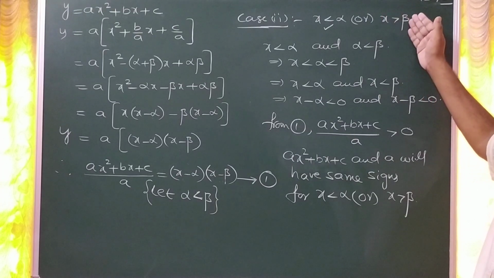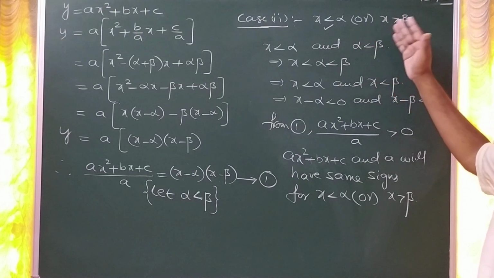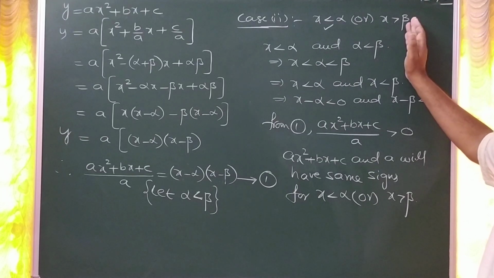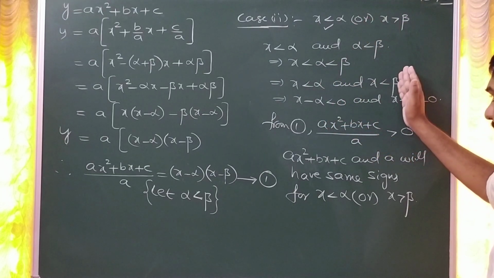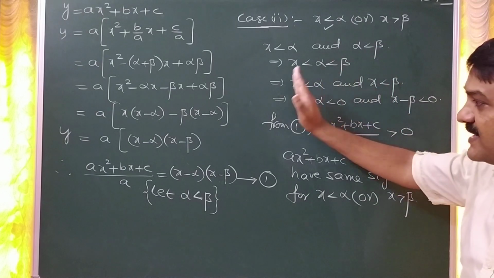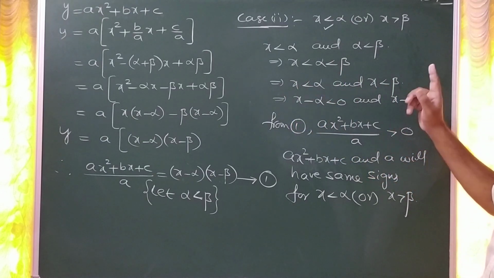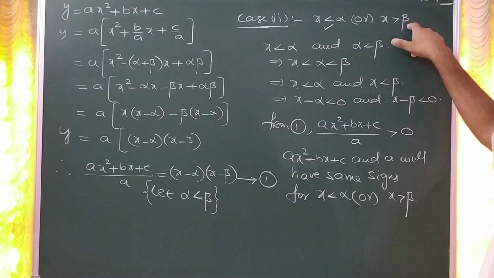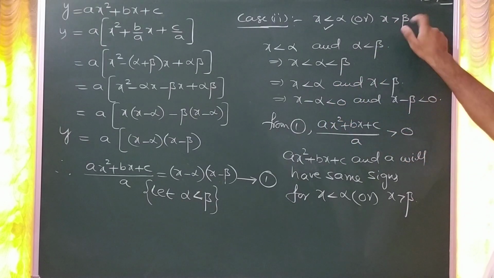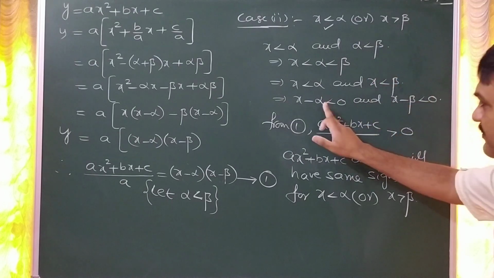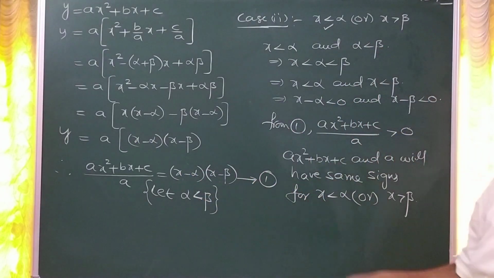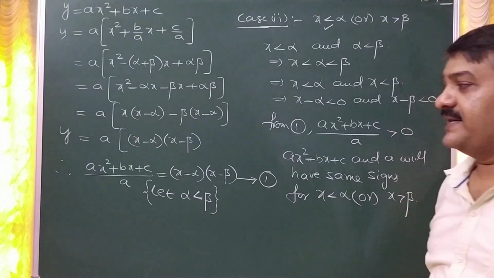So x is greater than beta means x is greater than alpha also. Then x minus alpha is greater than 0 and x minus beta is greater than 0. Both are positive when you take x more than beta. So the product of them is anyhow positive. Same result you will get.